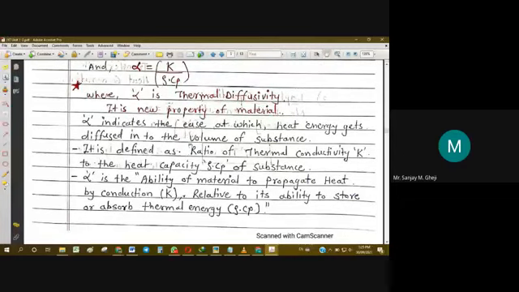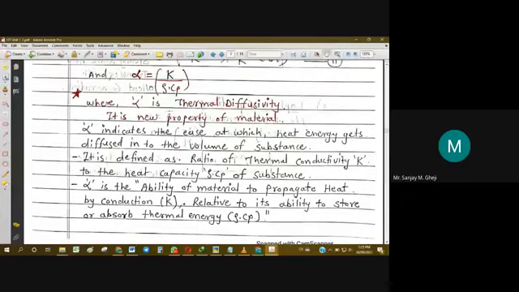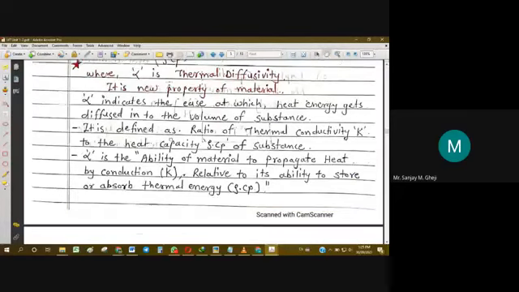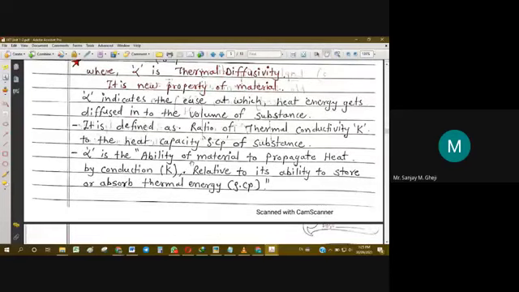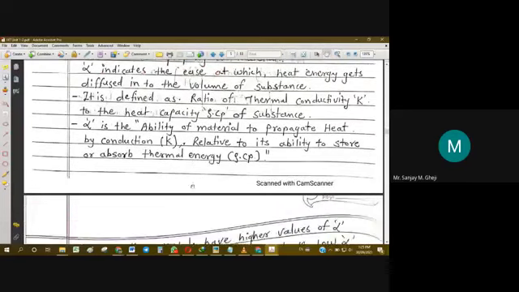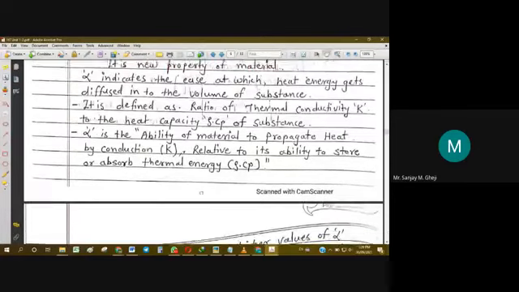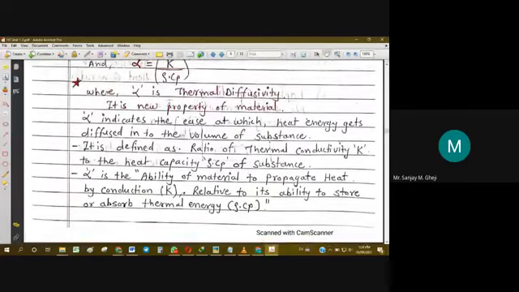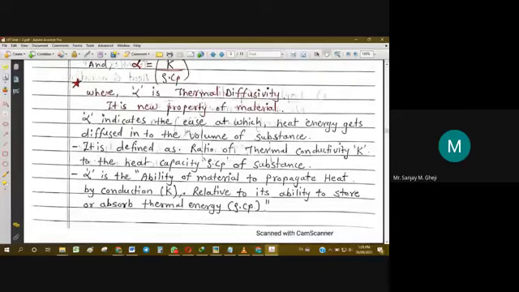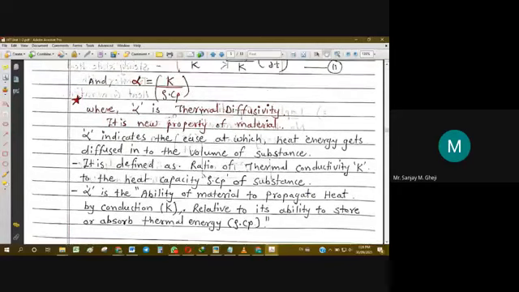If we numerically take the values, we can generally see that for metals, alpha is very high as compared to other materials such as non-metals and liquids, gases, etc. So it shows how fast or how slow is the response of any material to heat transfer.